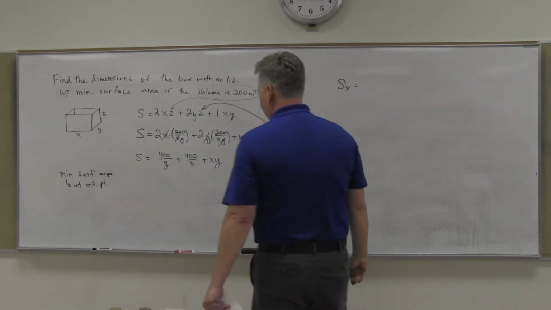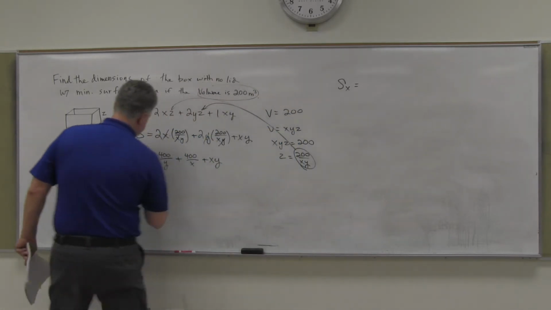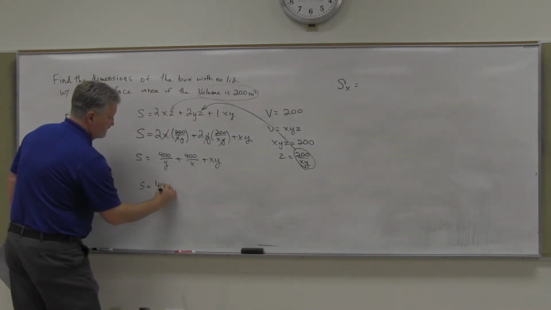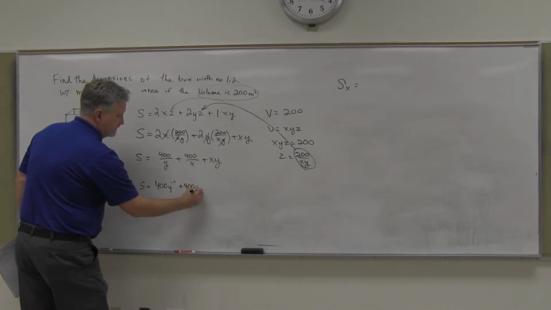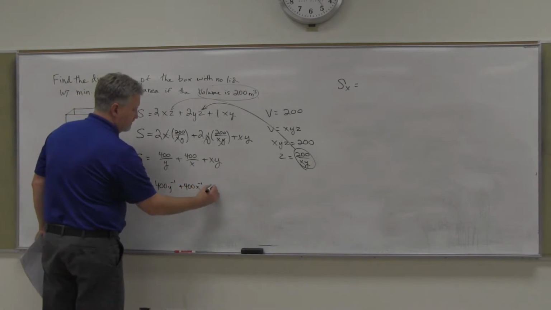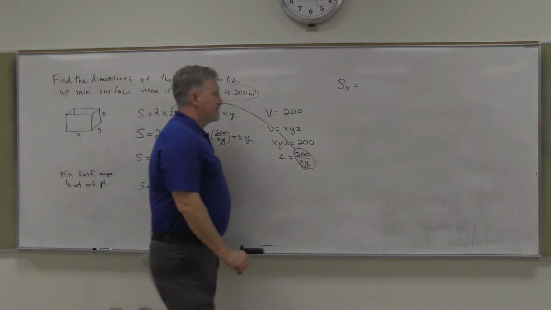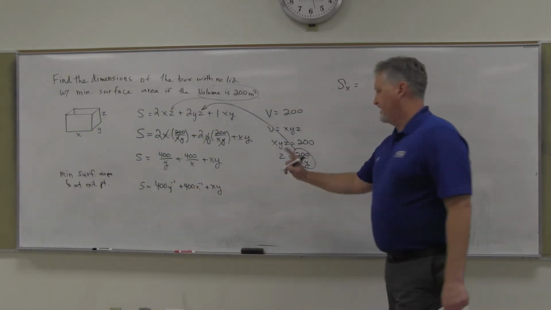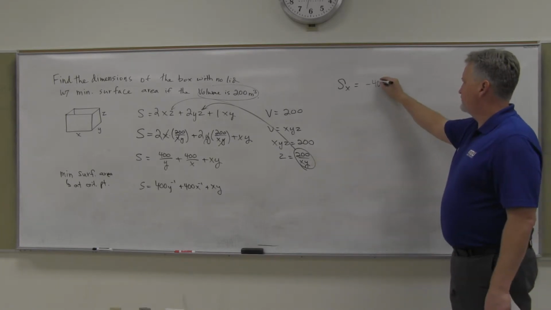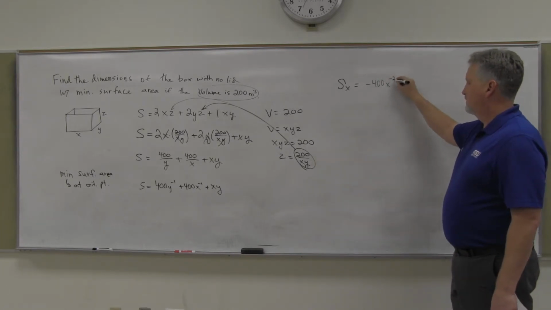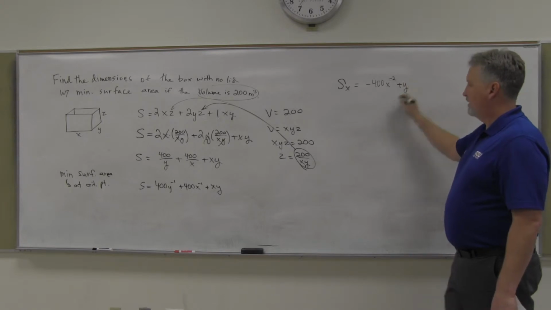So the partial derivative with respect to X. I want to say that's 400 y to the negative 1. You can use the quotient rule, but it's easier just to write those as negative 1 powers. So the partial of S with respect to X would be negative 400 x to the negative 2 plus y, right?